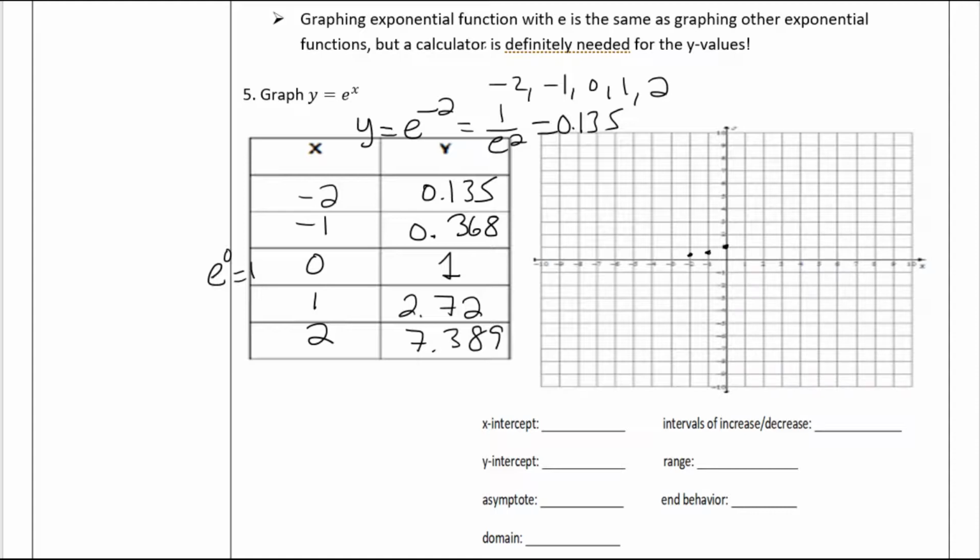For 1, 2.72, so that's almost 3. And then for 2, 7.389. So we got 5, 6, 7, between 7 and 8, so around there. And now we can go ahead and plot the graph, doing the best we can.